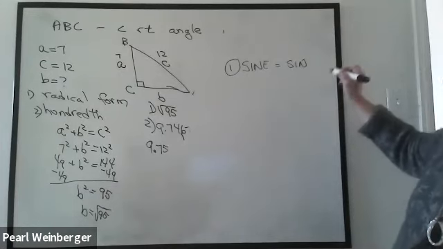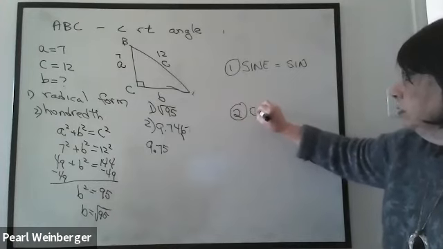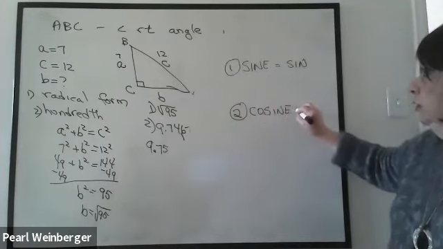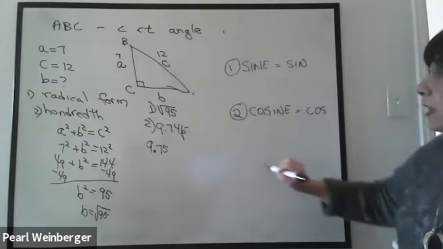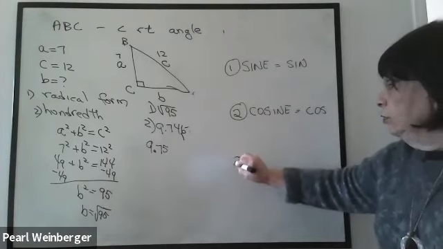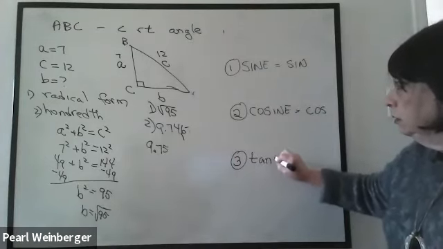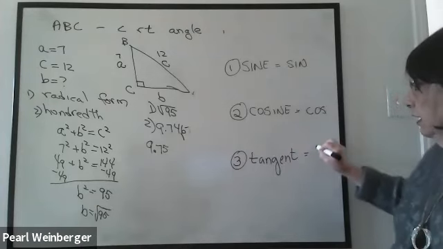That's the trigonometric button, because there's a lot of things you could do with this sine. There's something called the cosine, which is abbreviated COS. And then there's something called the tangent, which is abbreviated TAN.